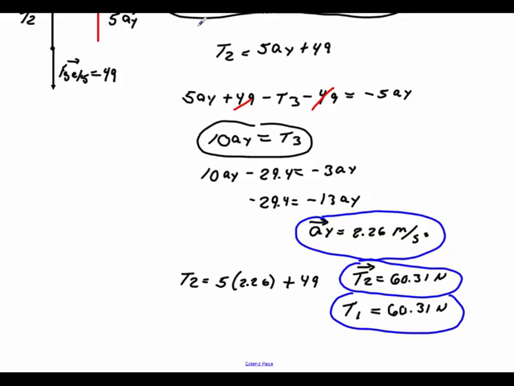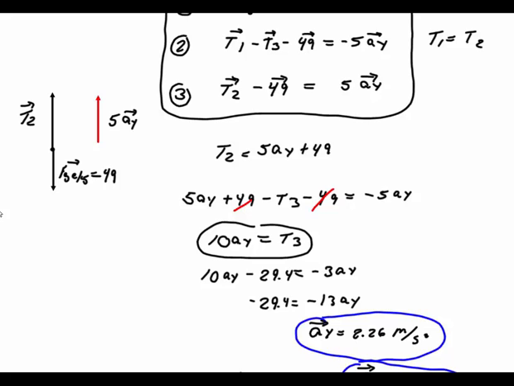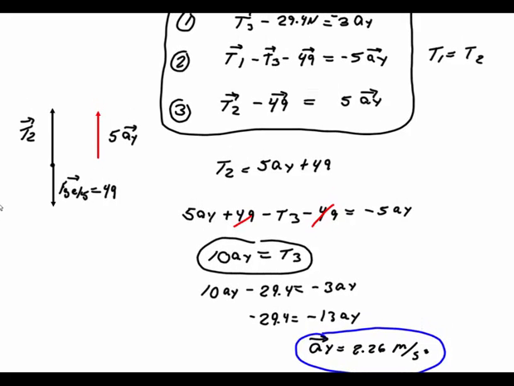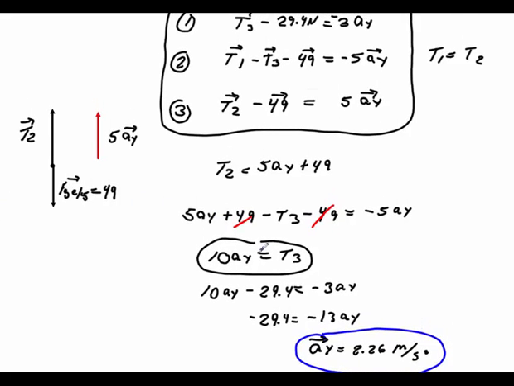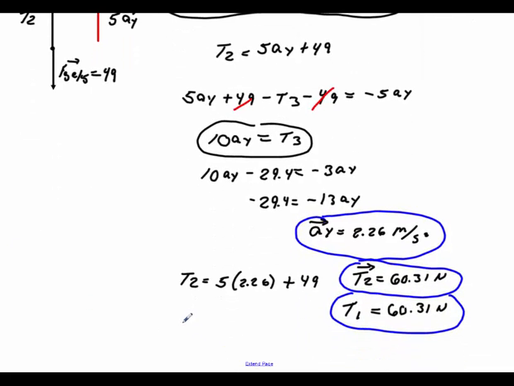Now we come back to do T3. And let's work our way back up and see what we can solve for T3. We can actually go right here and solve for T3. So we know that T3 is equal to 10 times the acceleration of 2.26.